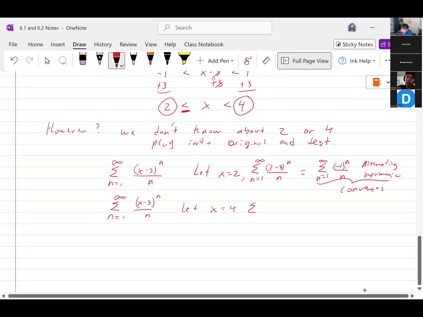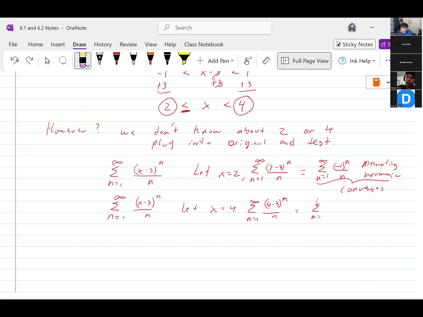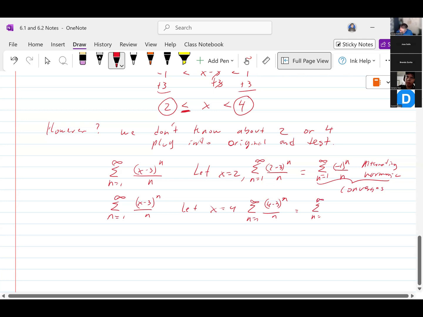We get the sum of (4 minus 3) to the nth over n, which is just 1 to the nth, which is just 1, so this is just 1 over n, which is the harmonic series.